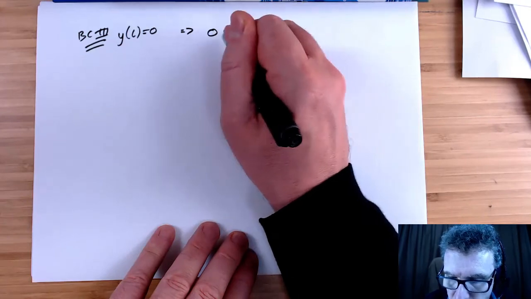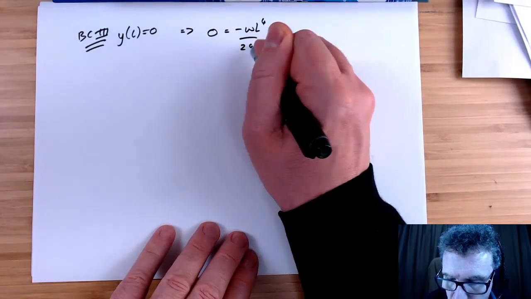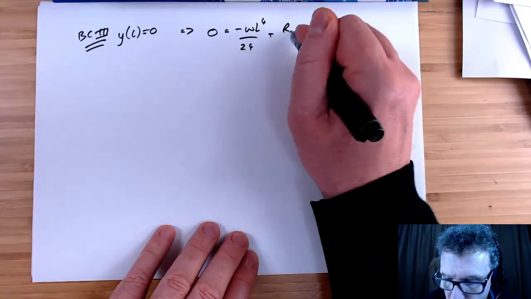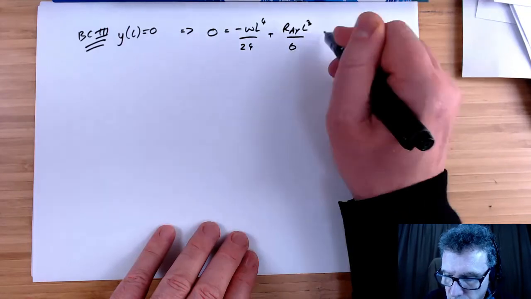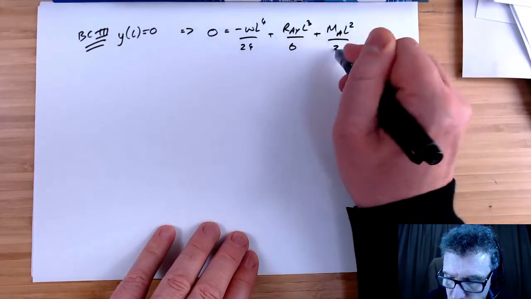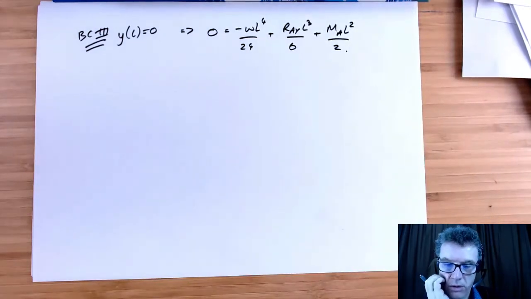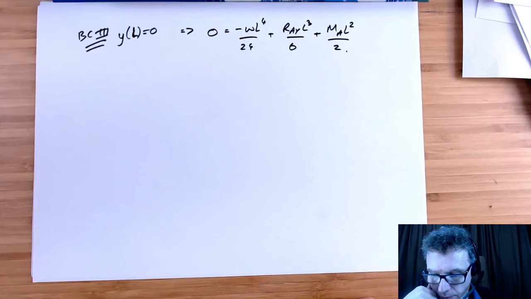Therefore 0 equals minus little w L to the power 4 over 24 plus RAY L to the power 3 over 6 plus MA L squared over 2.